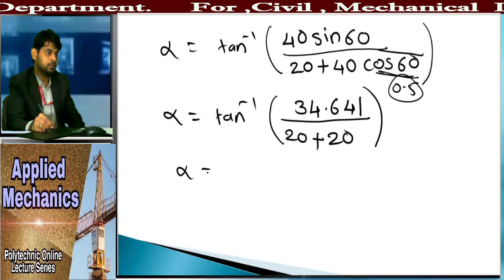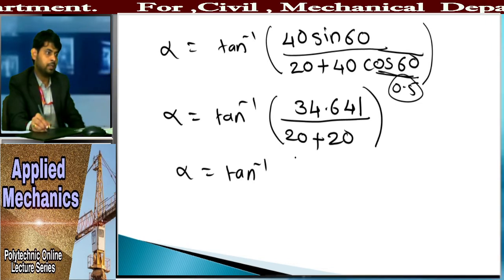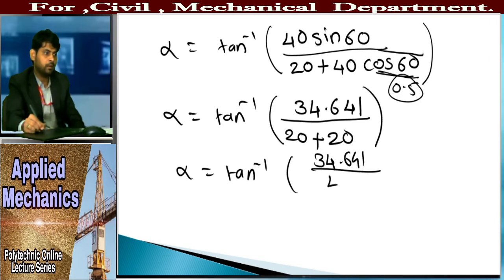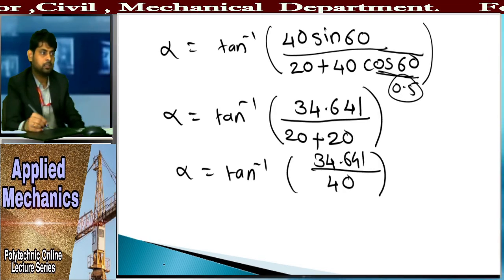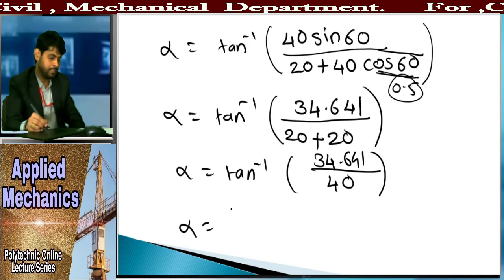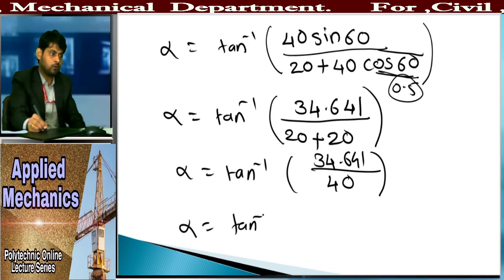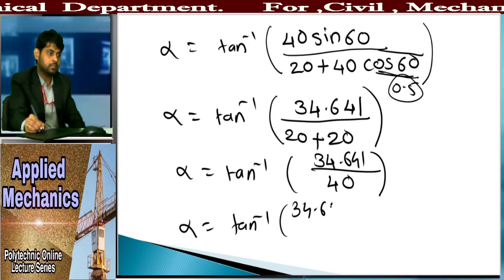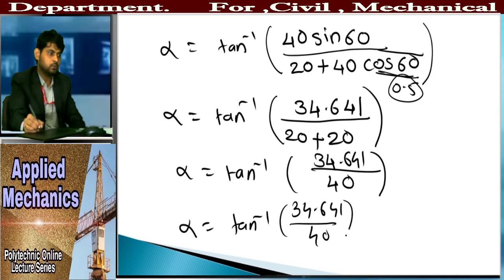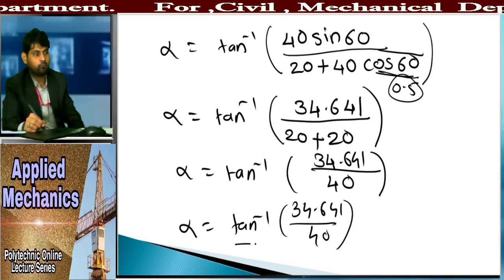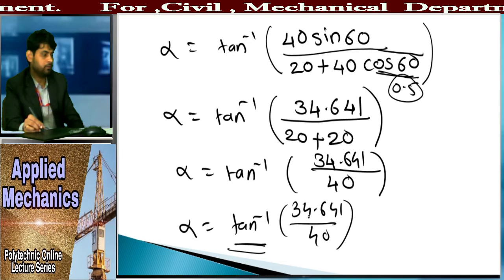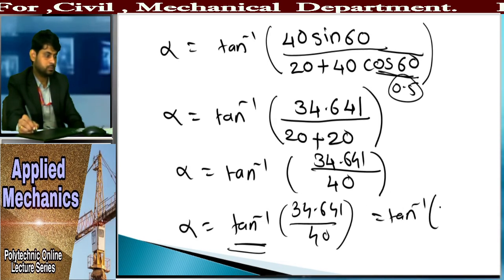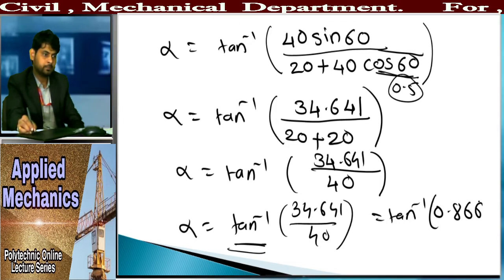Now after that, alpha is equal to tan inverse of 34.641 divided by 40, right? So do the calculation. The result is 0.866.